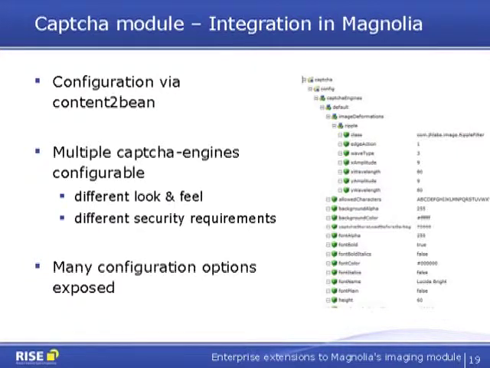in our captcha module. We use the standard content to bean mechanism in Magnolia to handle the configuration. We decided to make it possible to configure multiple captcha engines because Magnolia's Enterprise Edition customers might be running multiple websites in their Magnolia installation.